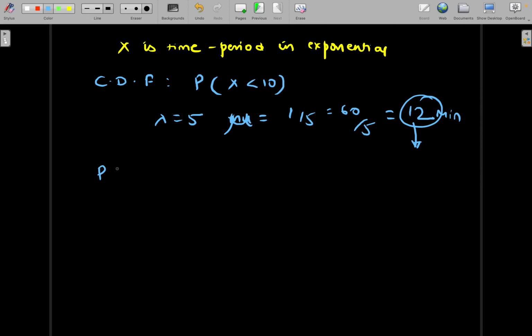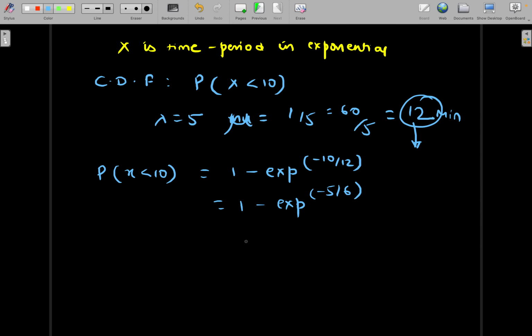So x is less than 10, so we put 1 minus e to the power minus 10 by 12 in the formula. It will become 1 minus e exponent minus 5 by 6, which will come to about 0.5.